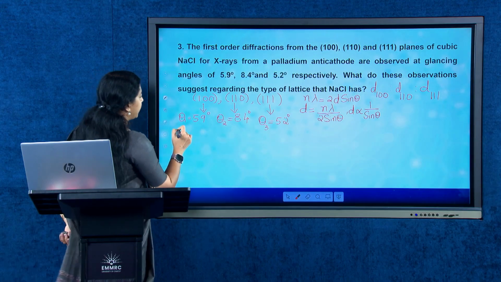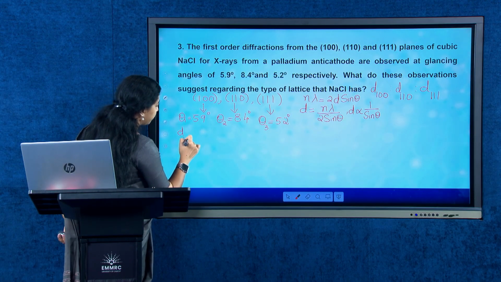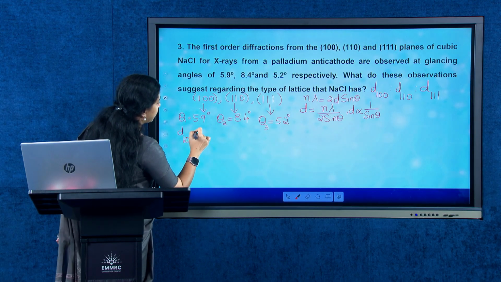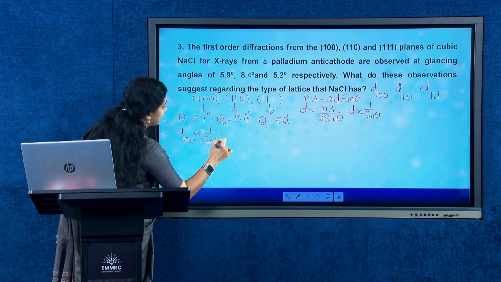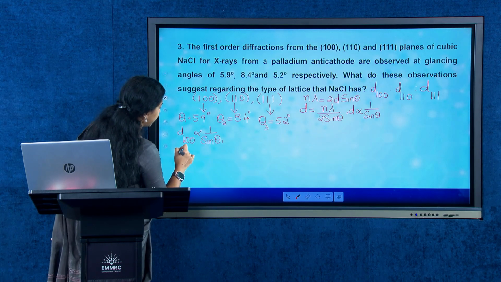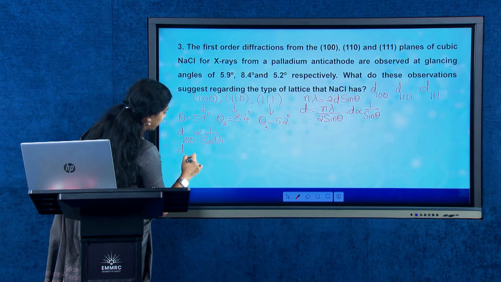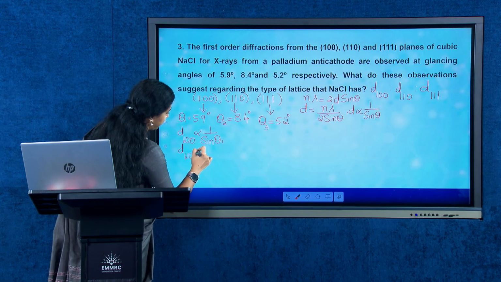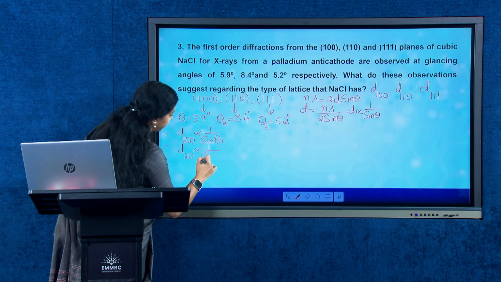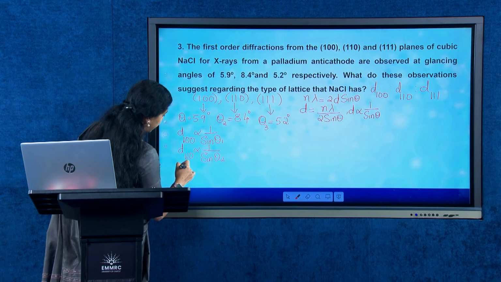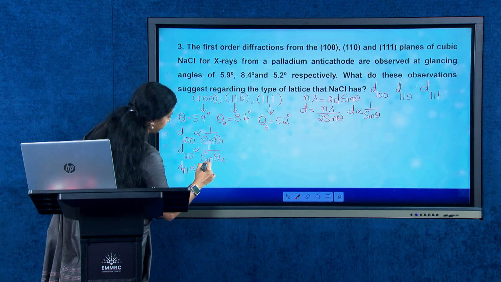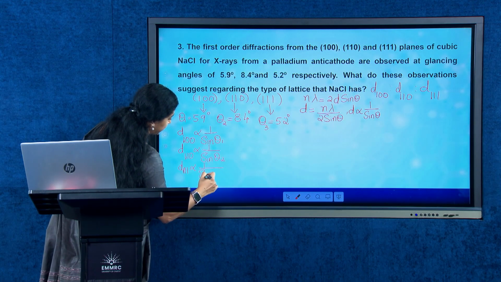So, here D100 will be proportional to 1 by sin theta 1. Similarly, D110 will be proportional to 1 by sin theta 2, and D111 will be proportional to 1 by sin theta 3.